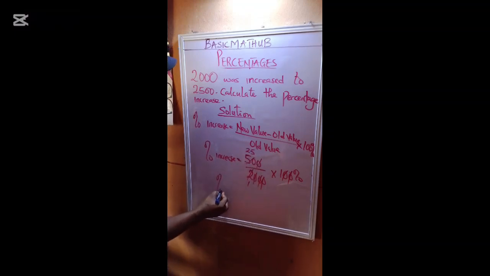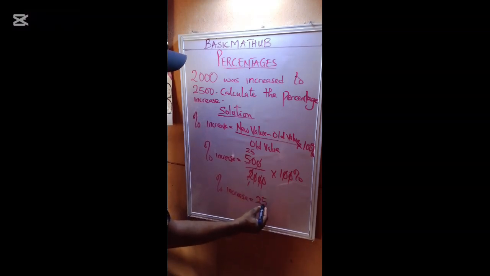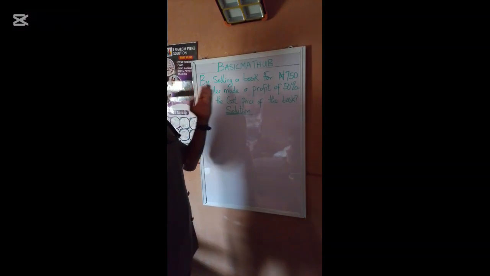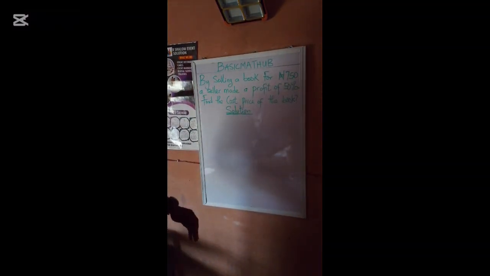So our percentage increase when 2000 is increased to 2500 is 25%.